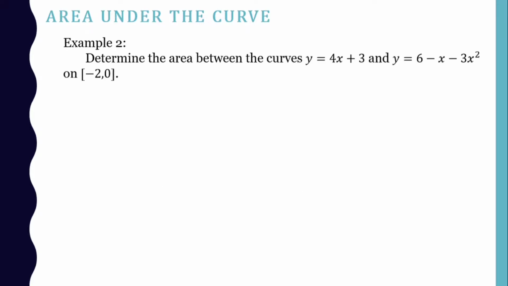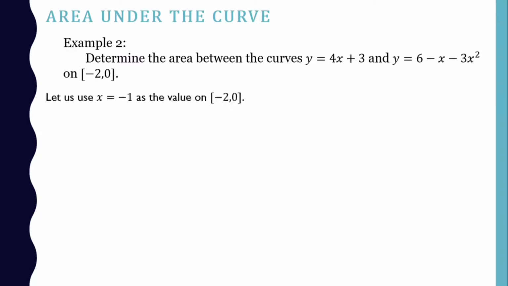We determine the area between the curves y equals 4x plus 3 and y equals 6 minus x minus 3x squared on the given interval [-2, 0]. Again, we have to determine first which of these two functions is the upper and the lower function. To do that, we select any number between our given interval [-2, 0].